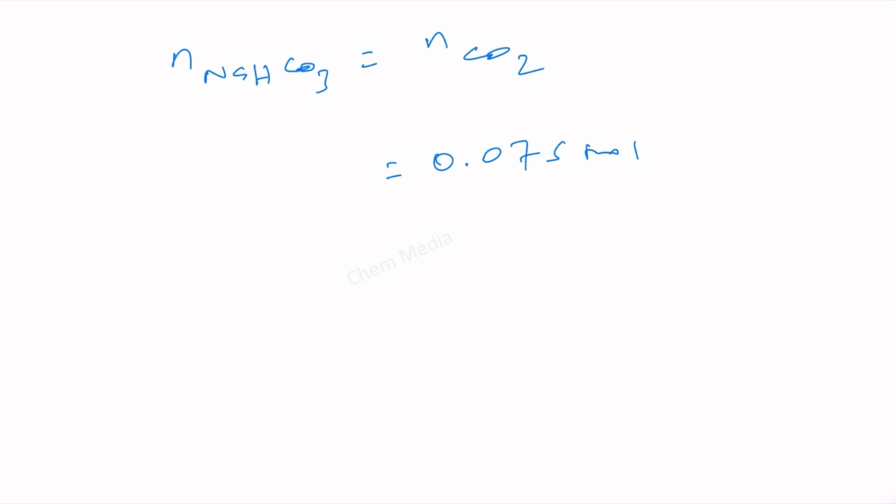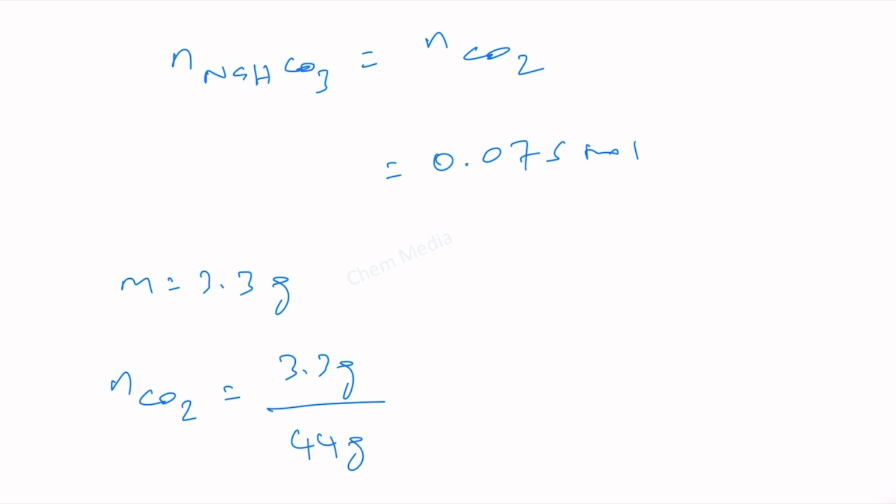Now, through the difference in weight, what was the mass found? 3.3 gram for CO2, isn't it? And therefore, the number of moles of CO2 is 3.3 grams divided by the molar mass of CO2, 44 gram per mole. Therefore, this is 3 times 11, so 0.3.